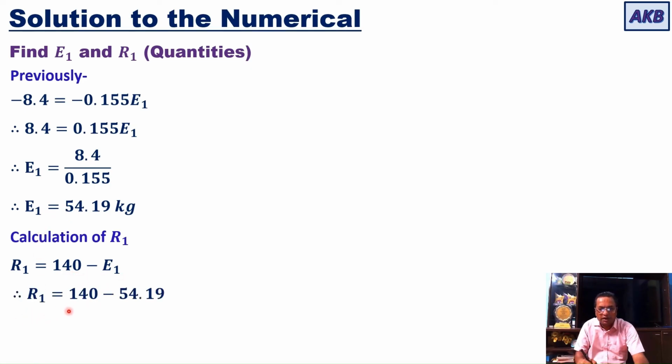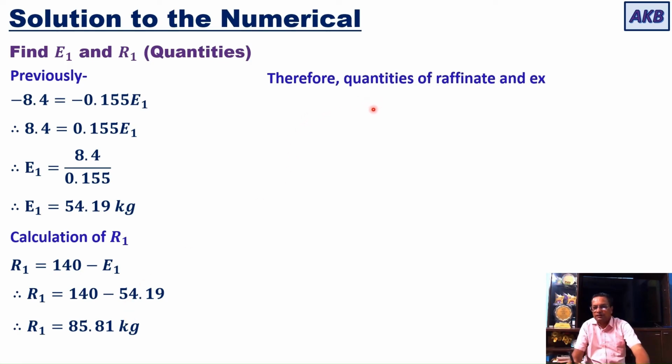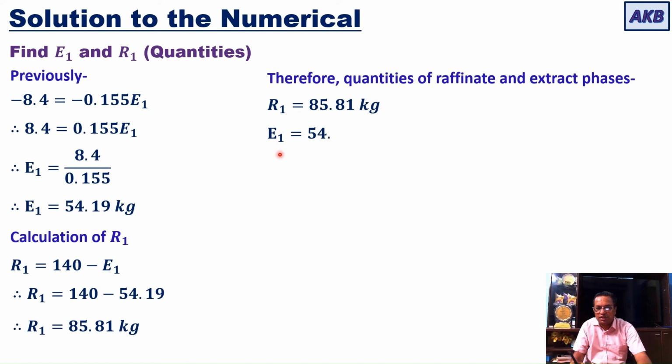So R1 is equal to 140 minus 54.19, that is, the subtraction comes out to be 85.81. Therefore, the quantities of raffinate and extract phases are thus obtained. R1 is 85.81 kg, the raffinate amount, and the amount of extract is 54.19 kg.